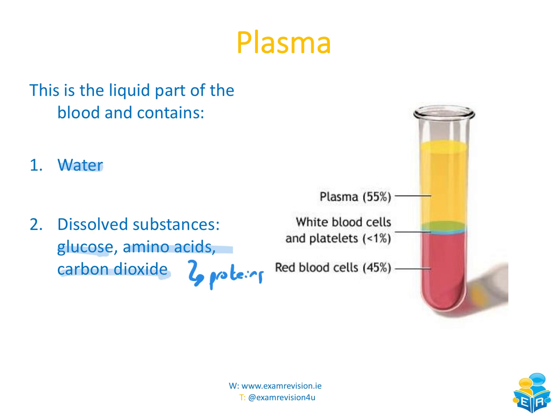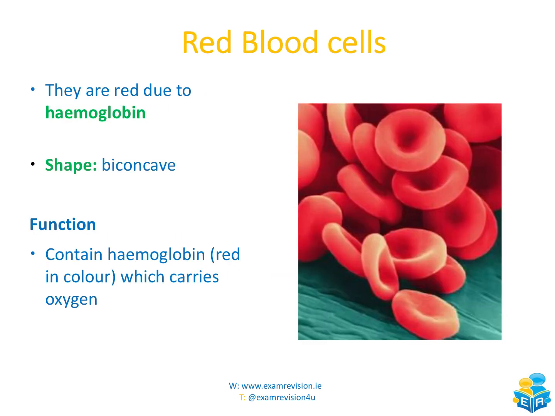So we want to eventually eliminate that carbon dioxide from our bodies because it is a waste product. We don't want it to harm our bodies on the inside, so it will be transported around in the plasma again. So just remembering the plasma accounts for about 55% of the blood, and it's composed of water and does contain some other dissolved substances as well.